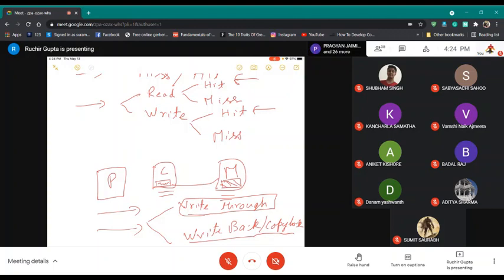But again, if it is not happening, maybe you are writing the whole block and that is causing another inefficiency, or you have to take care because your main memory is also taking data from secondary memory. So there is a possibility that you are taking.